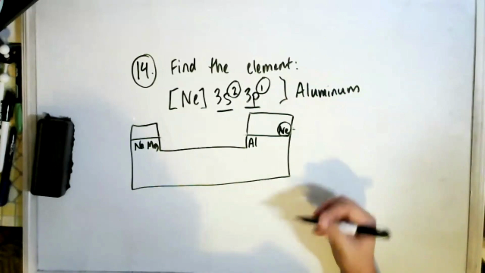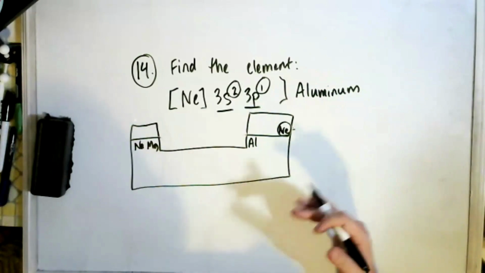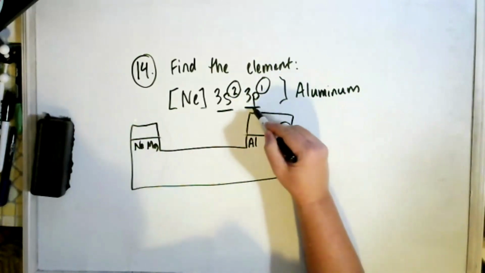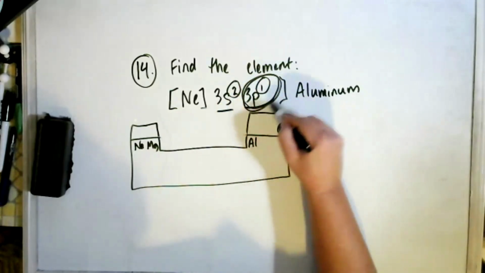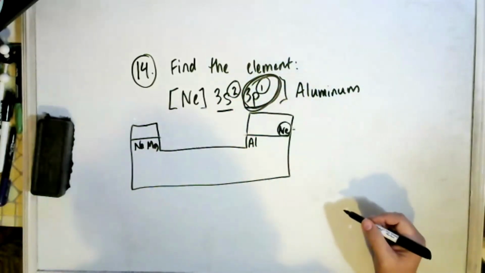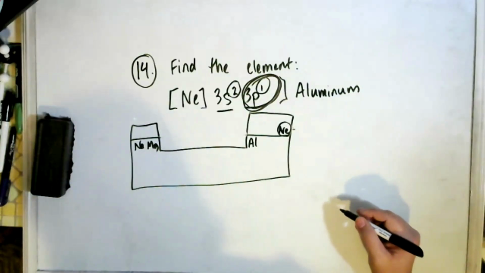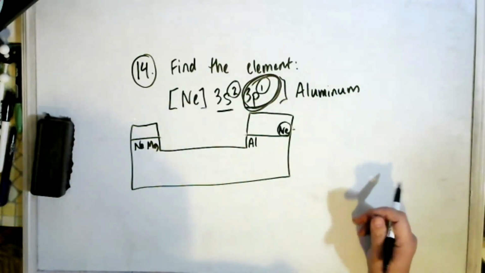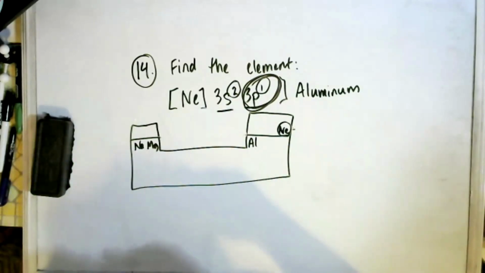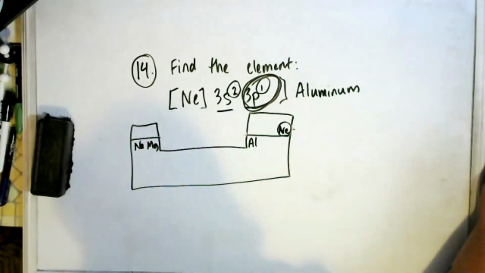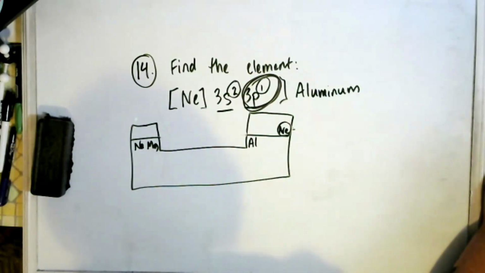Another way that you can figure this question out is to look at the last addition to your electron configuration, your 3p1 in this case. And if you remember how we talked about reading the periodic table, let me share my screen to this periodic table here.